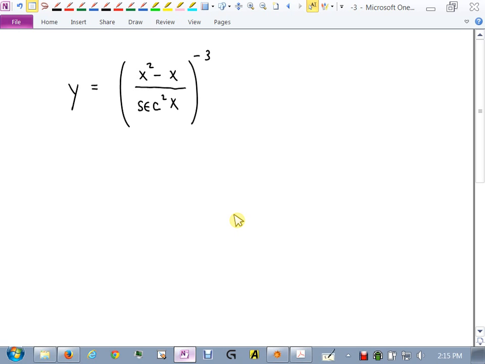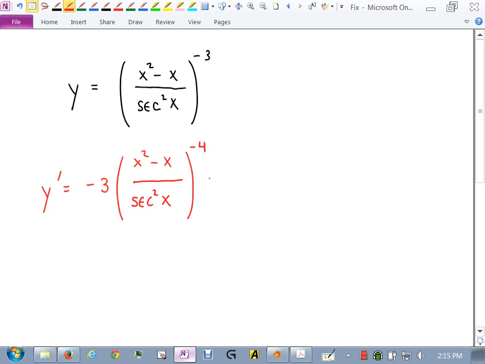Okay, so let me see if I can work through this with you. Y prime is equal to, I think we said we're all comfortable with this, -3, and then all that stuff inside. Don't touch it, no derivative, just there. To the -4 times the derivative of what's inside, right?